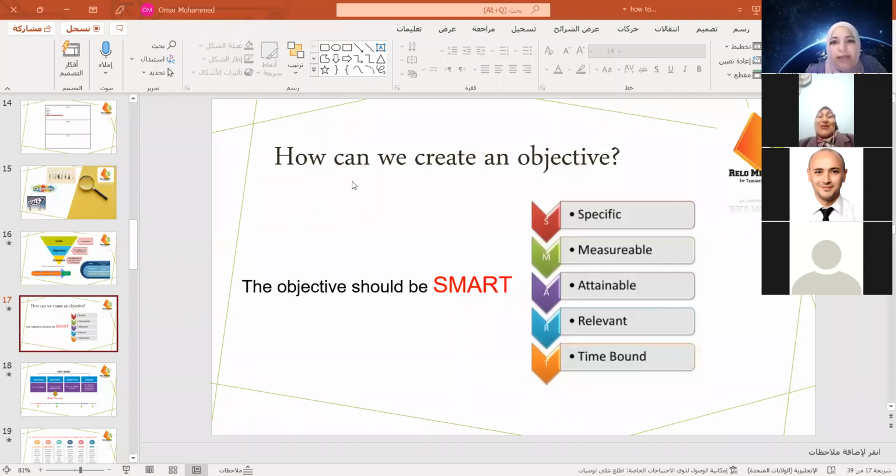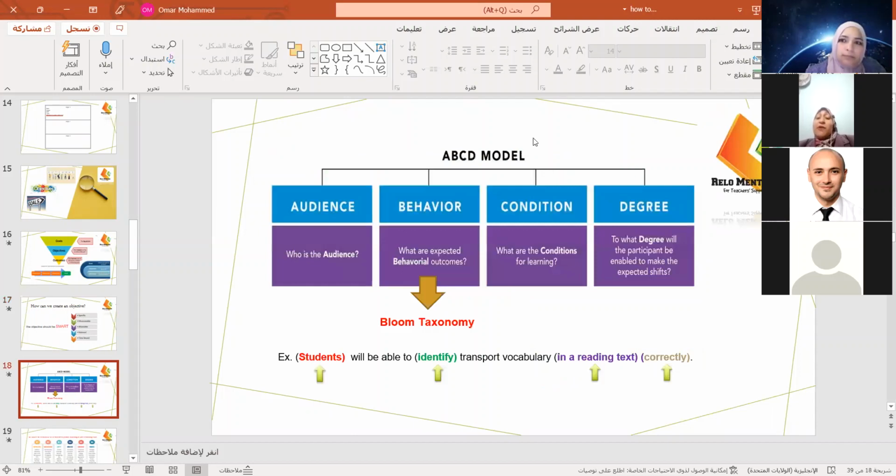So how can we create an objective? Before we form the objective, we should go through the ABCD model. Are you familiar with the ABCD model? Have you heard about it?